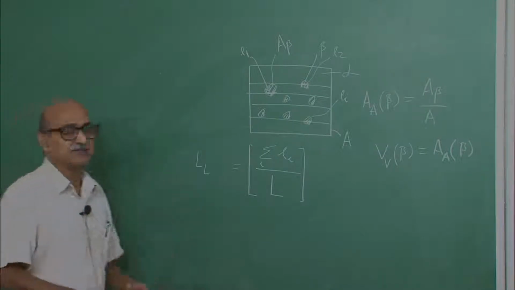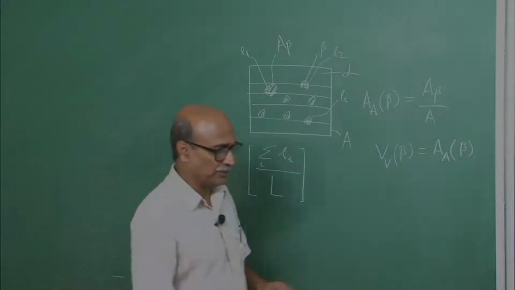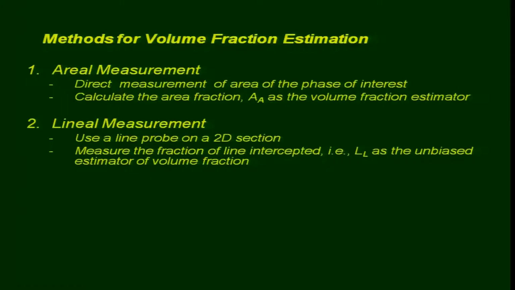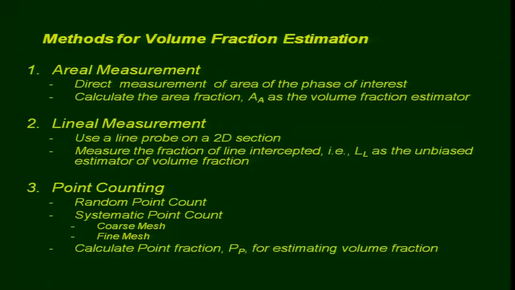Now, as I said, this technique is not very popular, so we will not delve deeper into this. I will come to the most important technique of measuring volume fraction, and that is using point counting. Here, I impose a certain set of points on the microstructure and then count all those events which are the points intersecting the beta phase in a two-phase alpha beta structure.